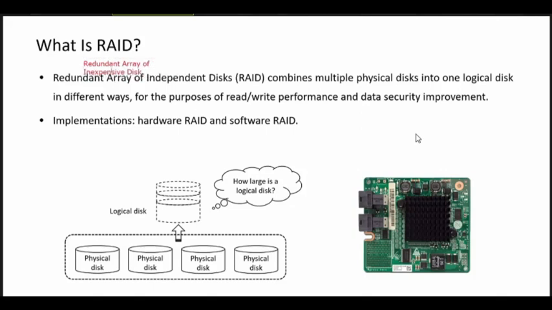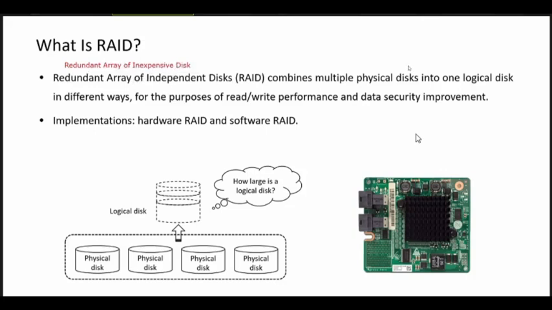Both mean the same thing. They are not different products or anything like that. It's just that some people call it inexpensive disks, some call it independent disks. Doesn't matter, same thing, right? If you check some internet documents and suddenly see inexpensive disks, wondering why it is called that, it is basically the same thing, right?